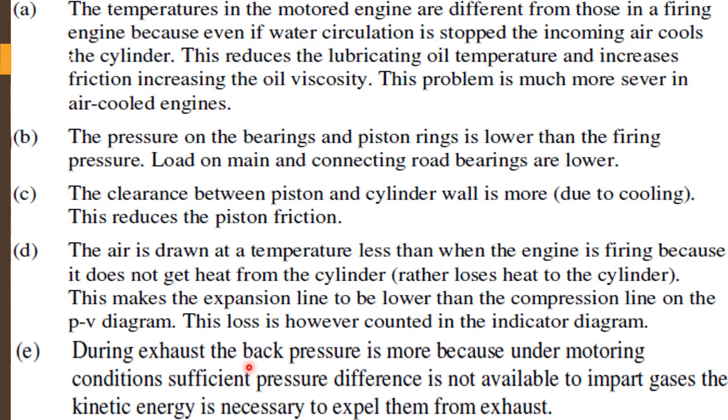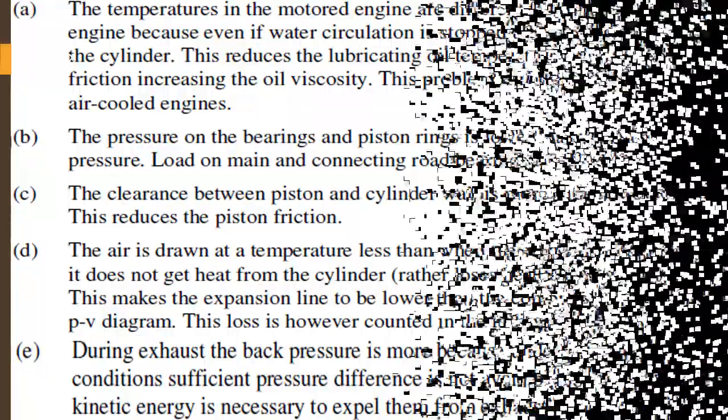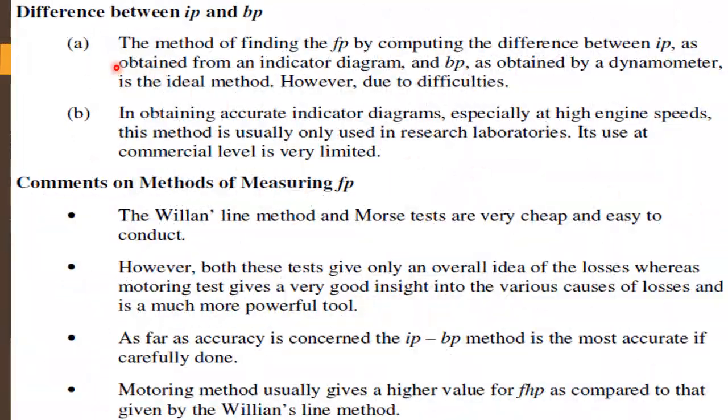Since we are not creating exhaust gases by burning fuel in the engine cylinder, the back pressure varies, and the performance varies at the engine exhaust side. So these are the major limitations when we go for the motoring test.